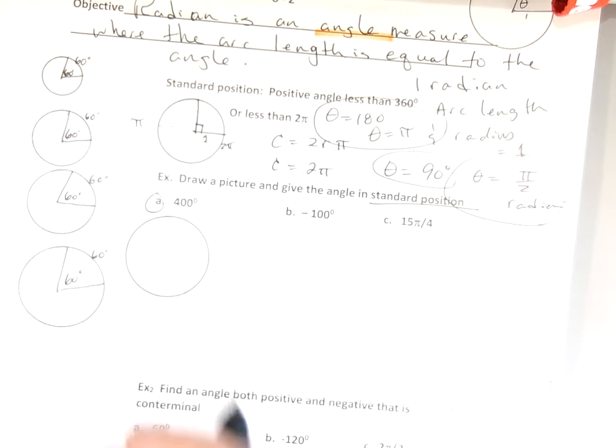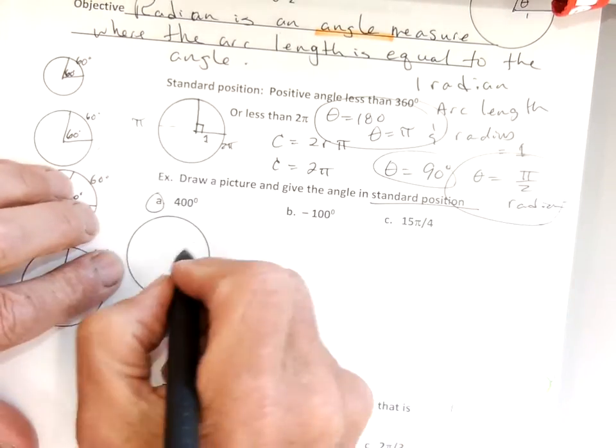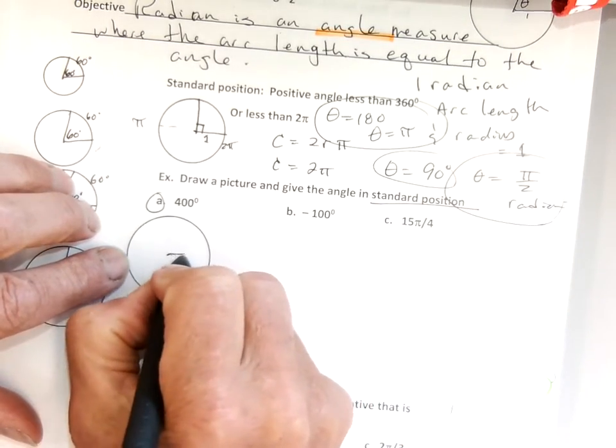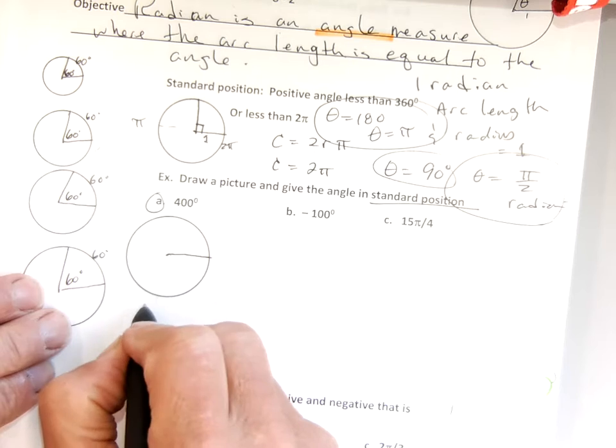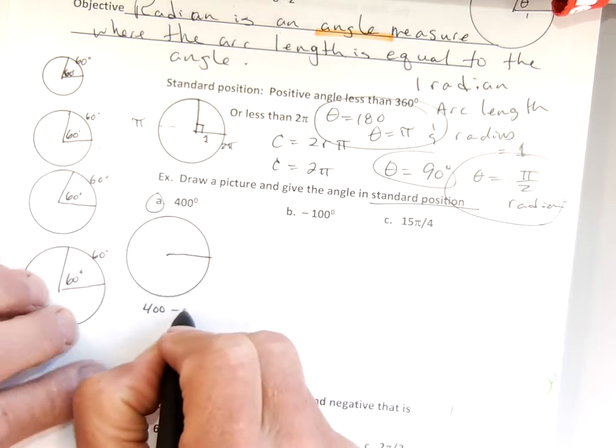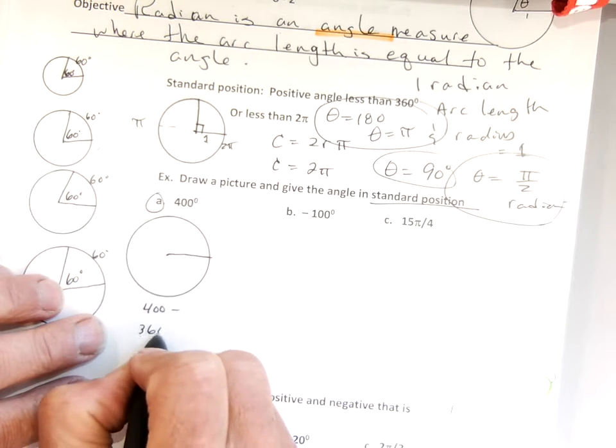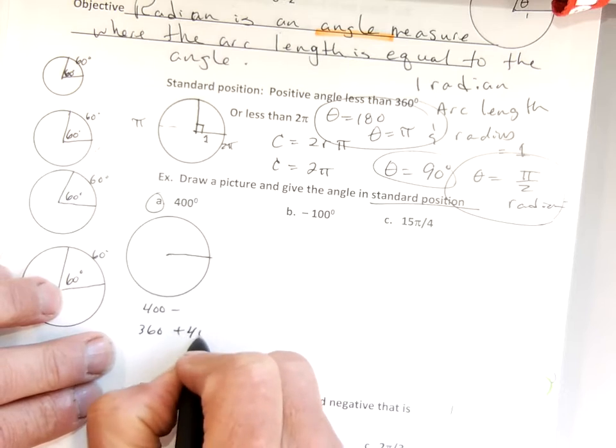So let's see here. If I want to draw a picture of the angle in standard position, I know that 400 degrees is the same as 360 plus 40, right?